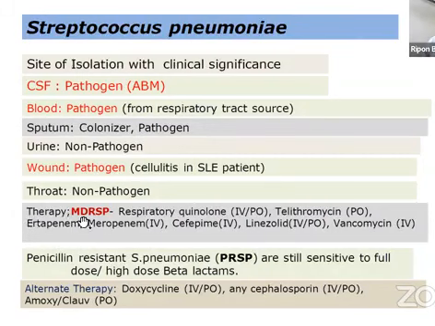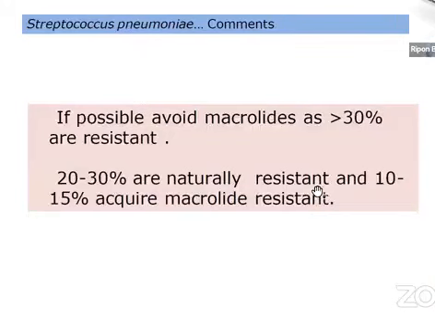For the preferred therapy, for multi-drug resistant Streptococcus pneumoniae, respiratory quinolones are the preferred drugs. And penicillin resistant pneumococcus is still sensitive to full dose or high dose of beta lactams. If possible, we should avoid macrolides, as more than 30% are resistant.